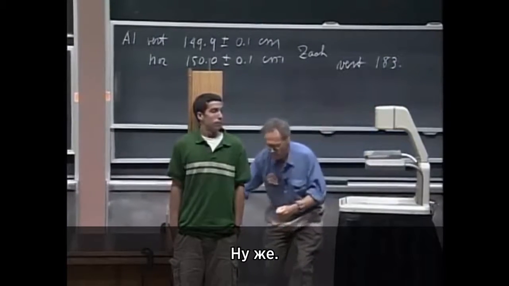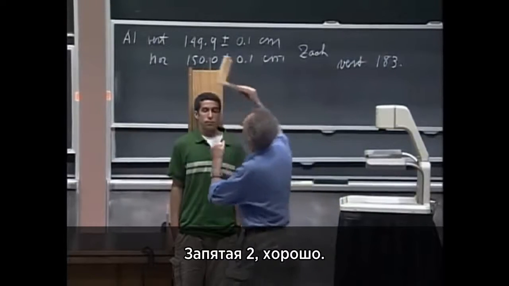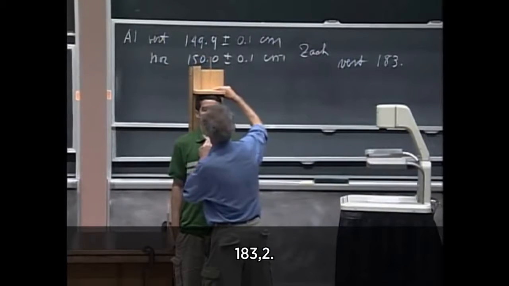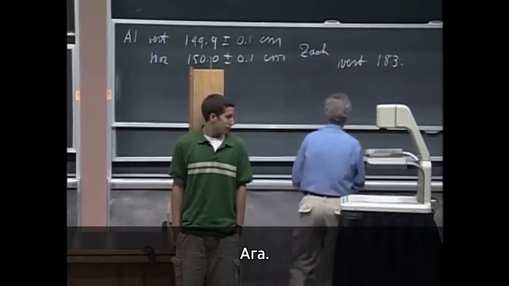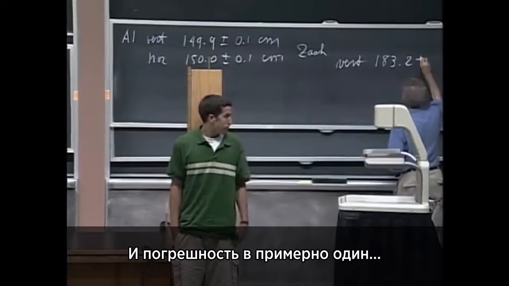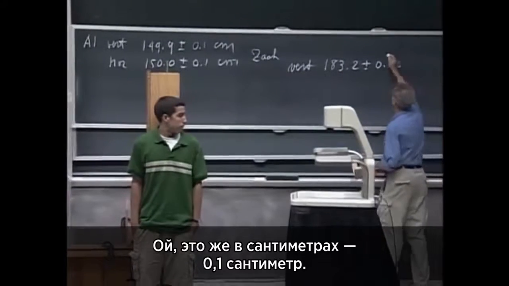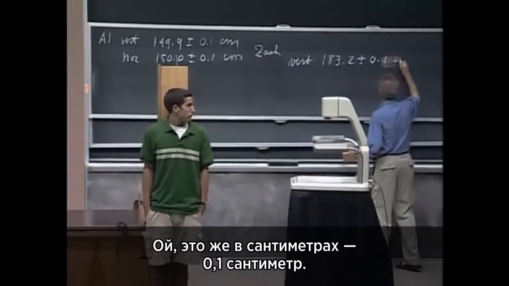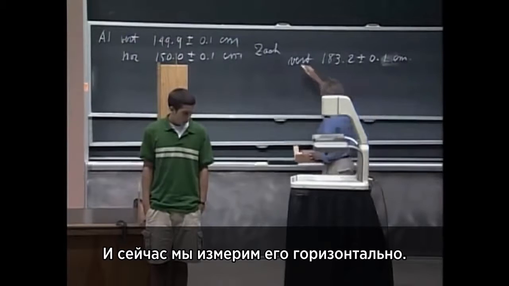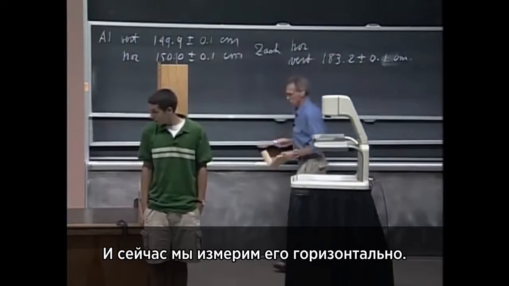Come on. 0.2, okay. 183.2, and an uncertainty of about, this is centimeters, 0.1 centimeters. And now we're going to measure him horizontally.